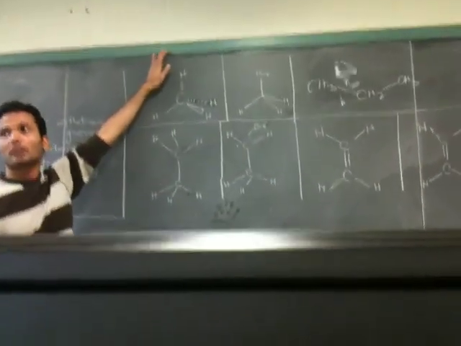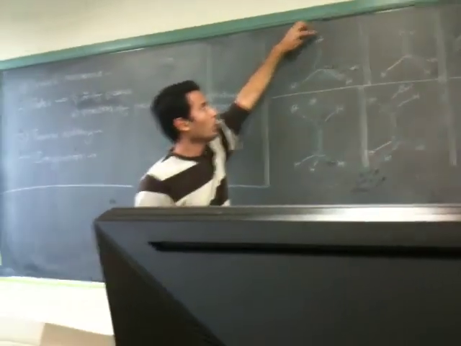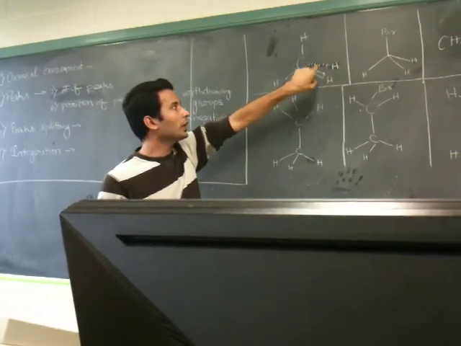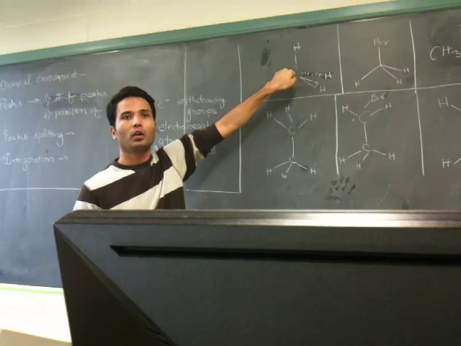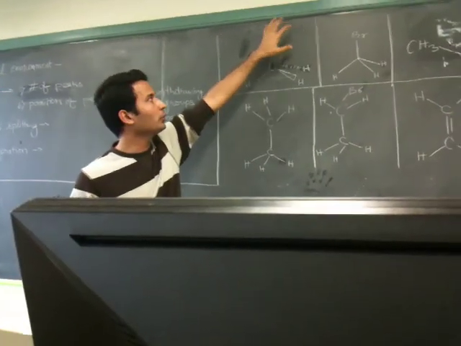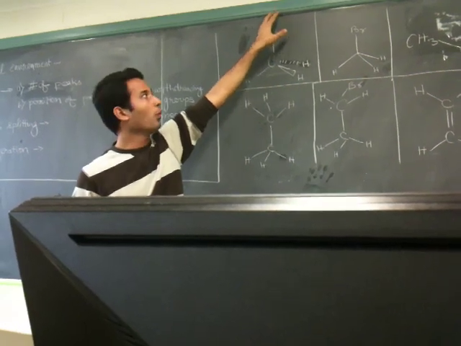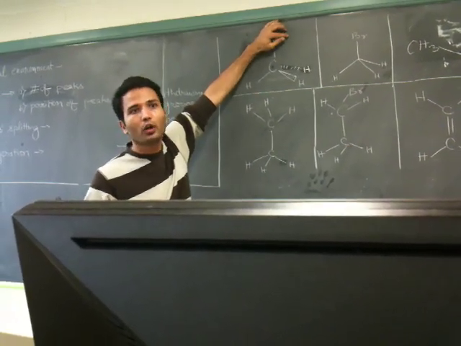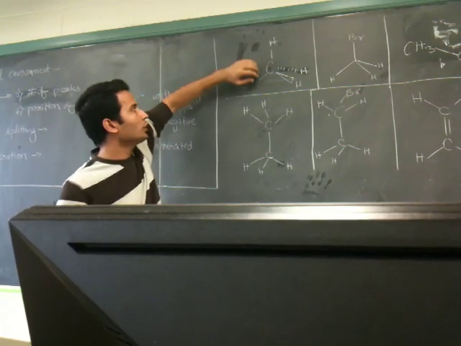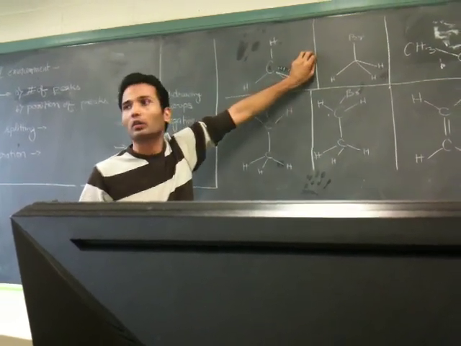Take the first example here, which has 1, 2, 3, and 4 hydrogens. You just have one carbon, and all the hydrogens are the same atom at the same position. Whatever force you feel for whatever reason on this hydrogen will be the same on this one, and this one.